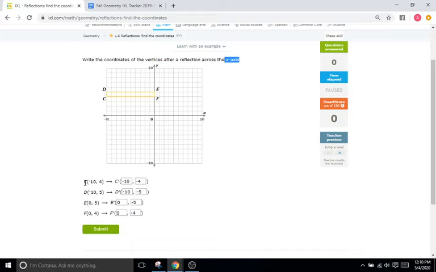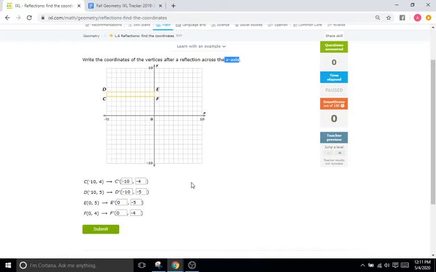So for instance, C, we have negative 10 and 4. A reflection over the x-axis has us keep our negative 10, but we just switch the sign of our positive 4 to negative. Same thing for D, E, and F. 5 turns into negative 5, 5 turns into negative 5, and 4 turns into negative 4. So that's a general rule you can do if you are reflecting over the x-axis specifically and only the x-axis.